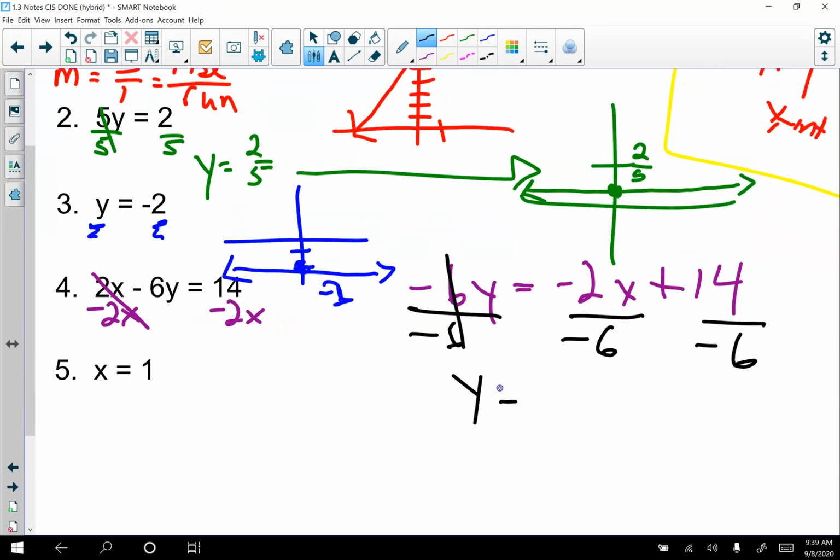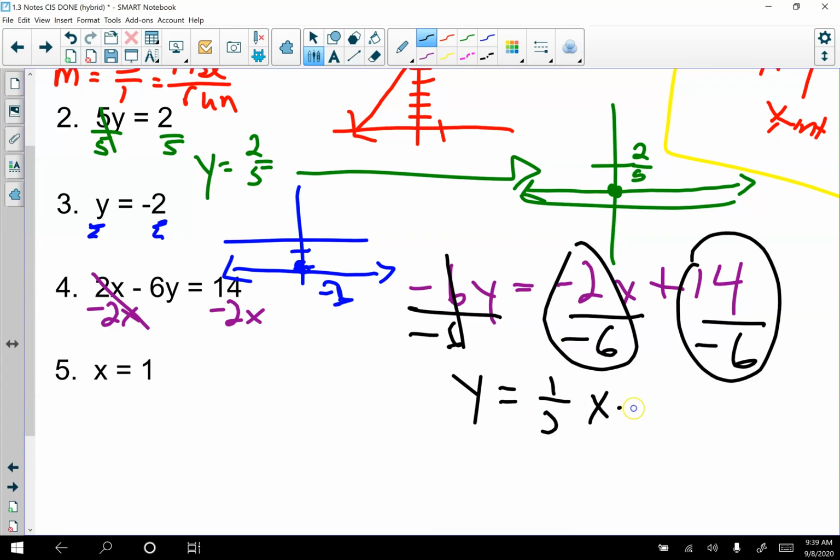So that ends up to be y equals, and then this here is 1/3 simplified. And this here is, -6 goes into 14 twice. And that's 12. And then I have 2 left over out of 6, or 1/3.